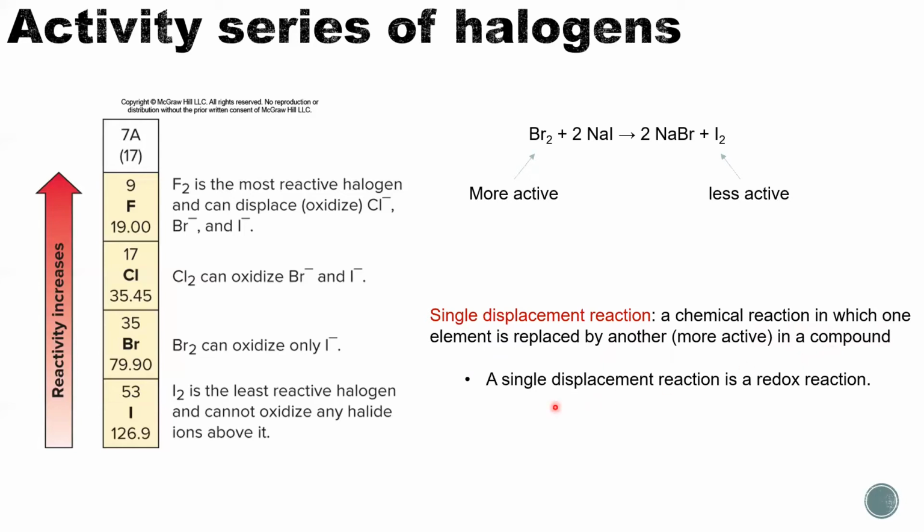A single displacement reaction, as you can tell from here, is a redox reaction. The oxidation number for bromine before the reaction is 0, now it's -1. So it's a redox reaction. If you recall, we also discussed a double displacement reaction. I would like to ask you, is a double displacement reaction a redox reaction?